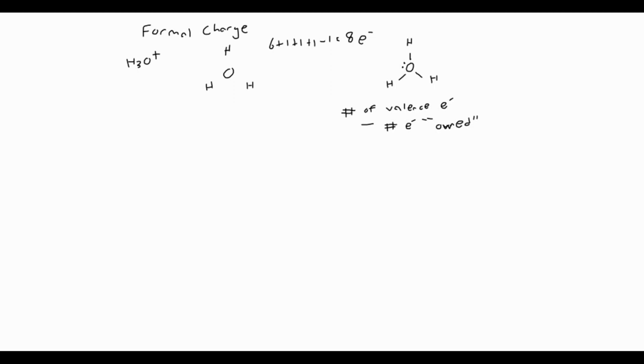For oxygen, oxygen usually has 6 valence electrons when we just look at it on the periodic table, and it owns 1 and 2 right here, we can say it owns half of this bond, half of this bond, and half of this bond, right? So that gives us 2, 4, 5 electrons that are owned by oxygen, and that gives us a formal charge of +1.